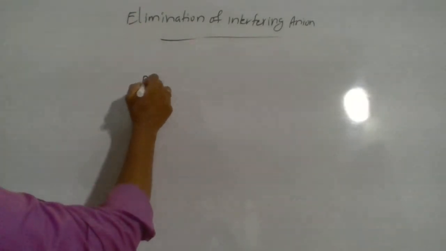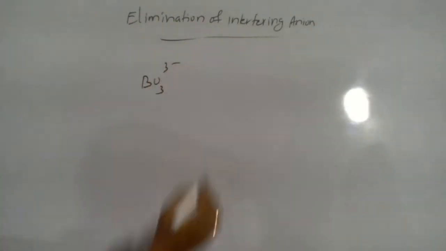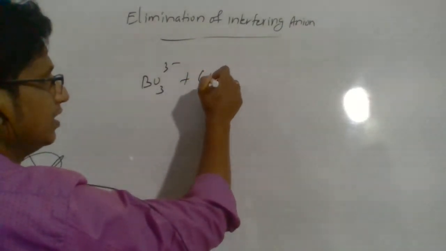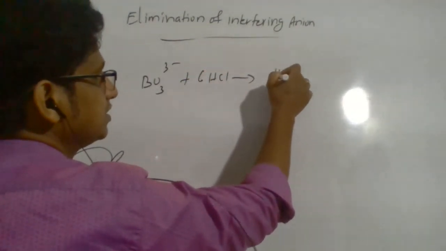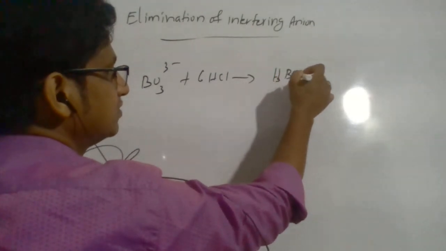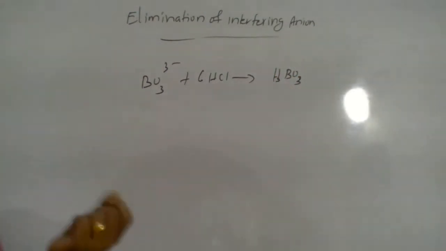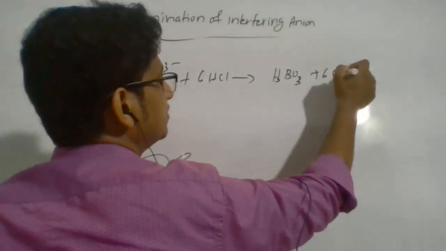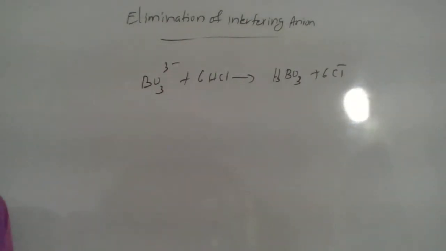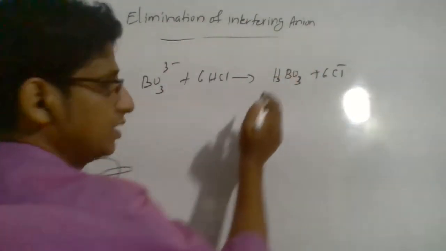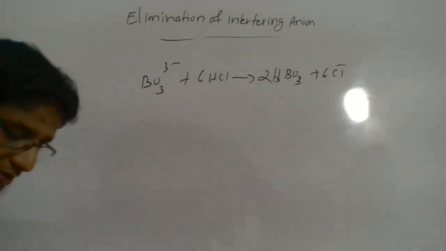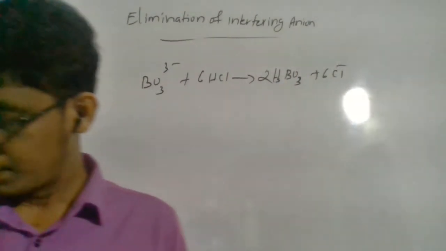For example, if you write the reaction, BO3 3 minus in the presence of HCl converts into H3BO3, boric acid, which is an easily escapable gas, and 6 Cl minus will be formed. So this is the way you can eliminate H3BO3. How many moles? It's 2 moles. So this is the way you can eliminate borate.